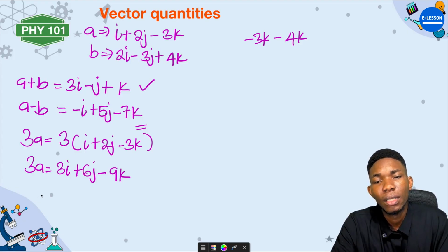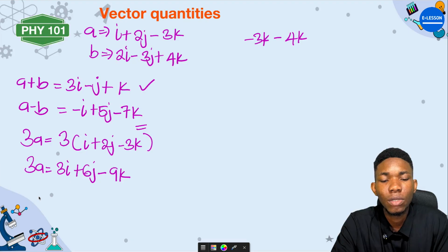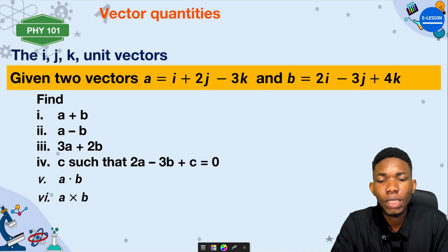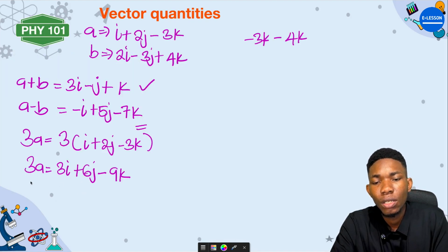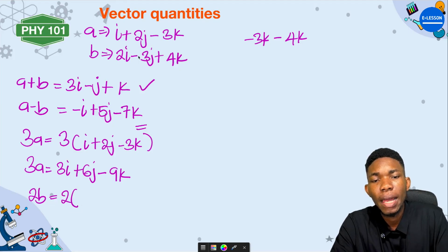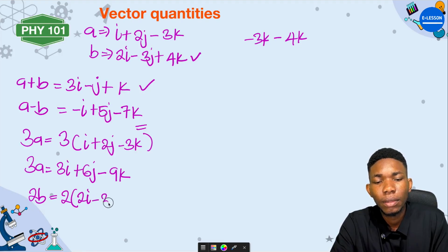Is that okay? Then for the next one, 3a plus 2b. So how do we get 2b? You use 2 to multiply everything you have in b, which is 2i minus 3j plus 4k.